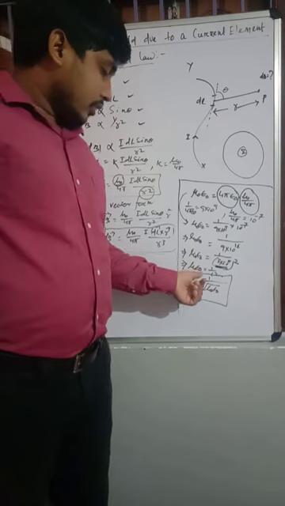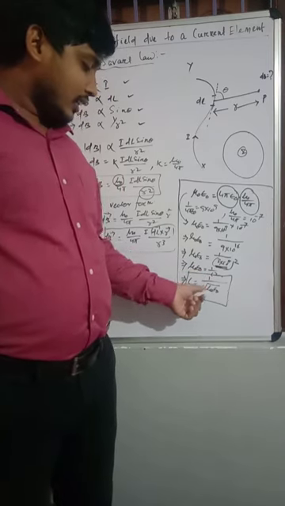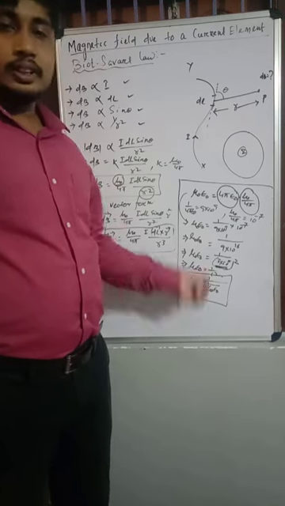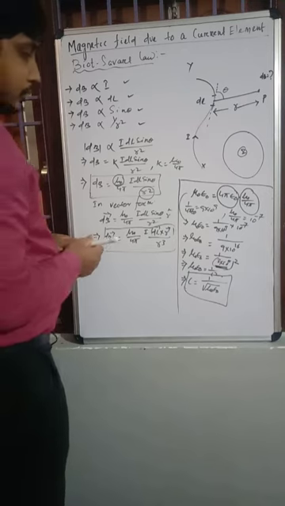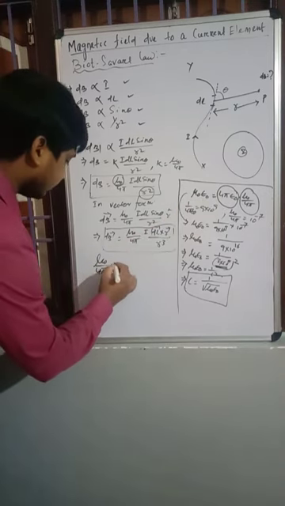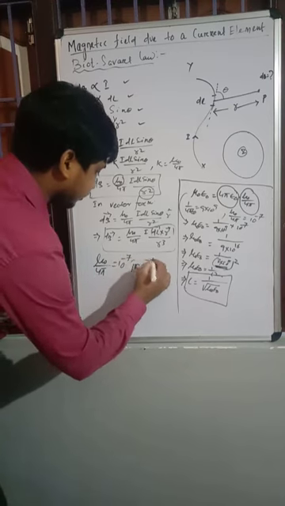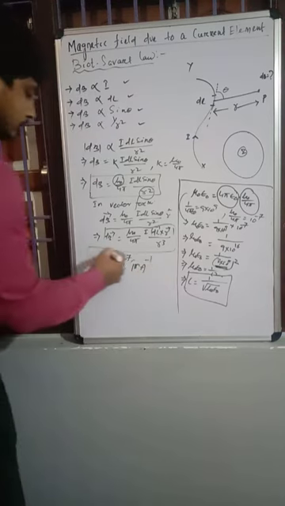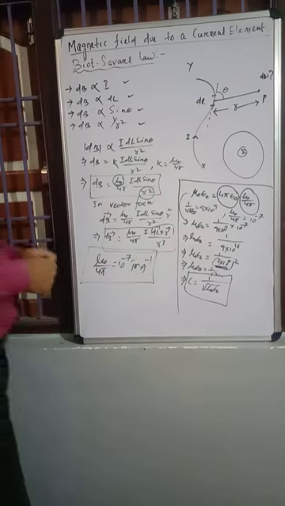That mu naught epsilon naught is equal to 1 by c square, or c equal to 1 by root under mu naught epsilon naught. And just remember that the value of this mu naught by 4 pi is 10 to the power minus 7 Tesla meter ampere inverse. This is the value. You have to remember this one.